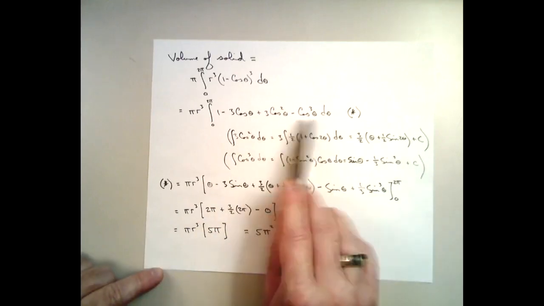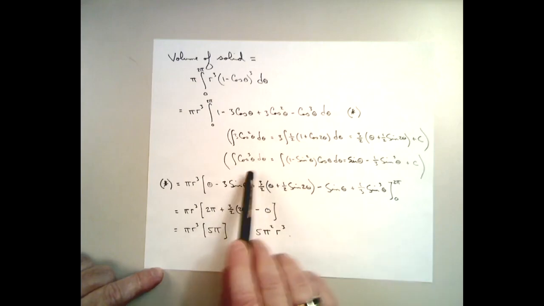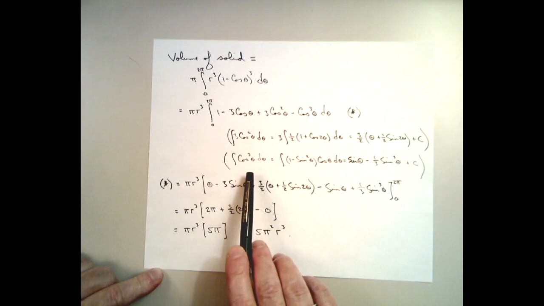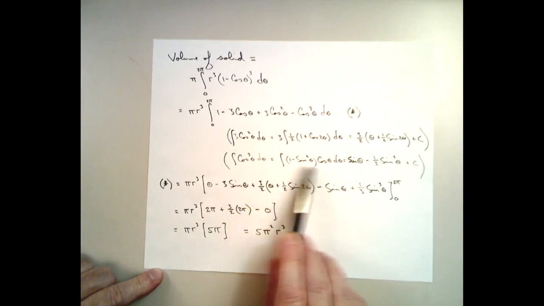The integral of cosine cubed, well, one way to get at that, and the way that I think we typically did it earlier in the semester, was to break it up as cosine squared times cosine, but then cosine squared is 1 minus sine squared theta.